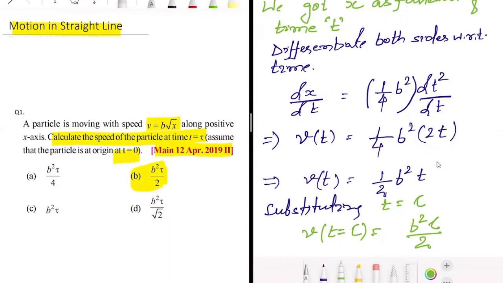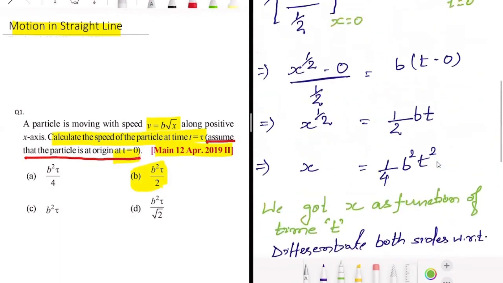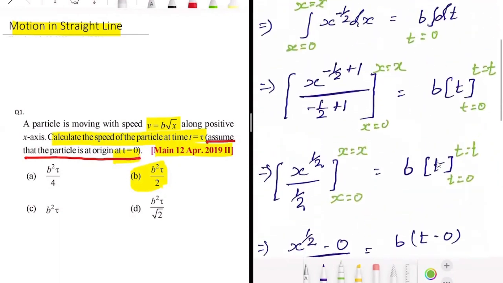But in the initial days, you must know how to proceed with all the steps and how to extract information that has been given in the problem. Like this, it says assume that the particle is at origin at t is equal to 0. Now it plays a significant role whenever you are integrating it.